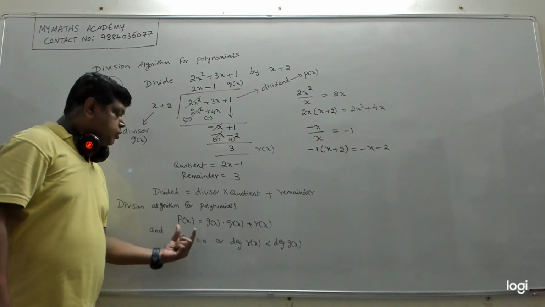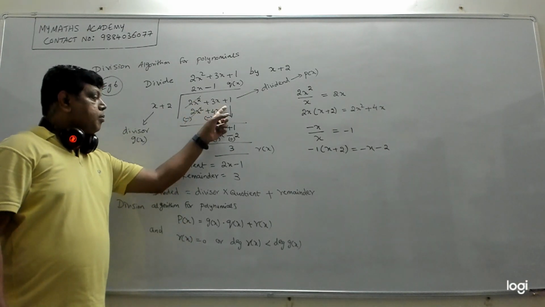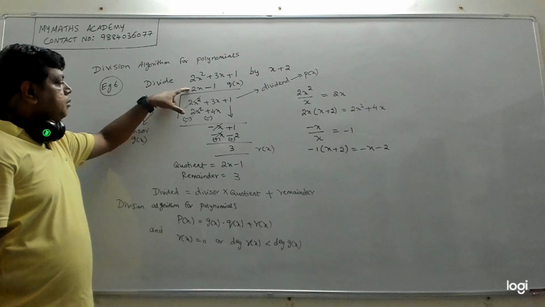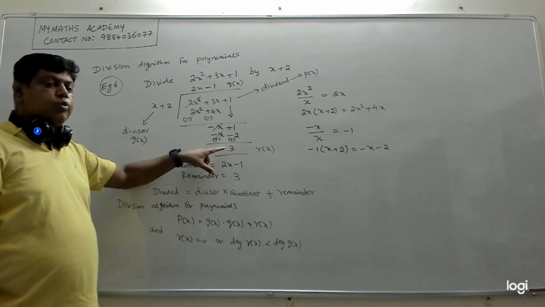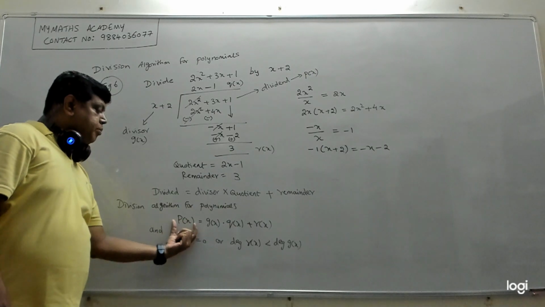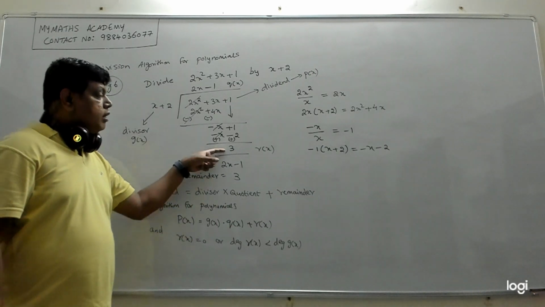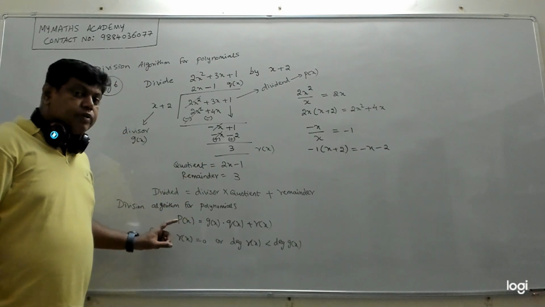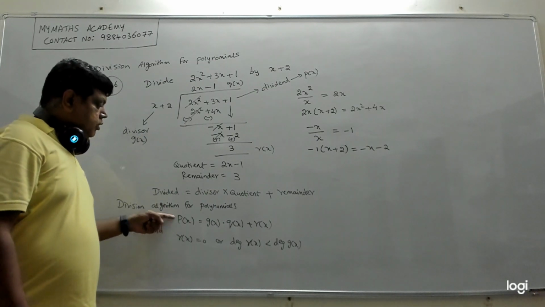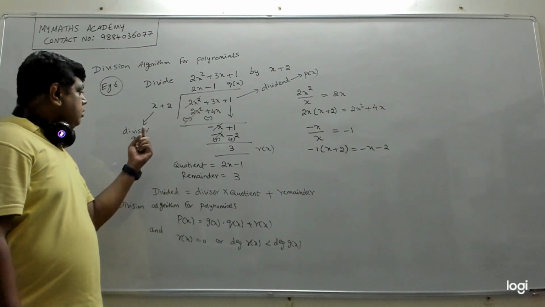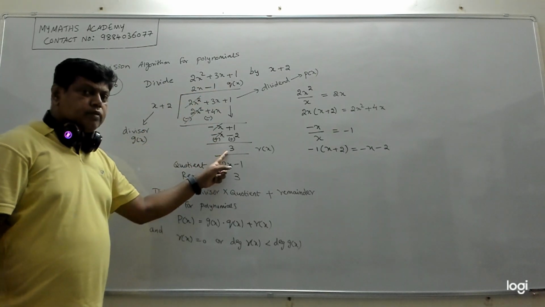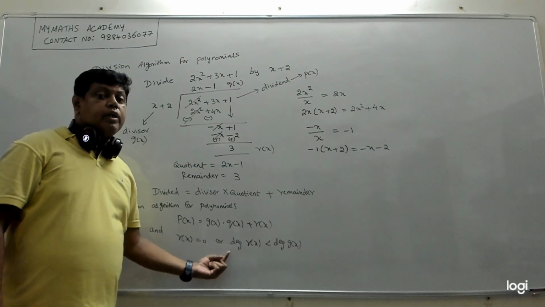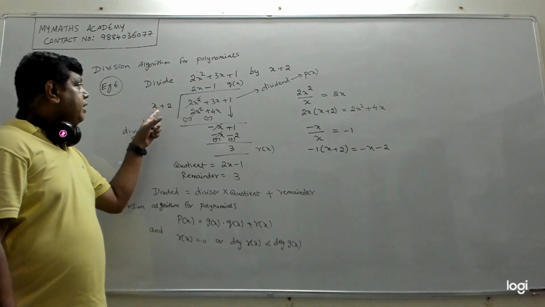Fine. So this is always true. Your p of x will be equal to g of x into q of x plus the remainder polynomial. Doing that you will get back your p of x, and either the remainder will be 0, or the degree of the remainder should be less than the degree of the divisor.